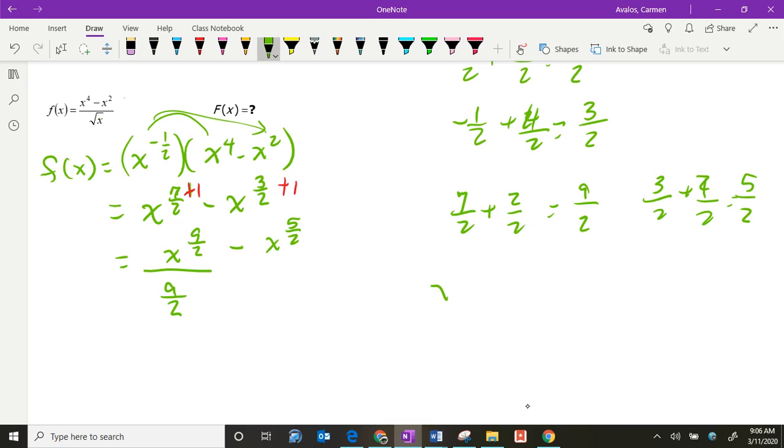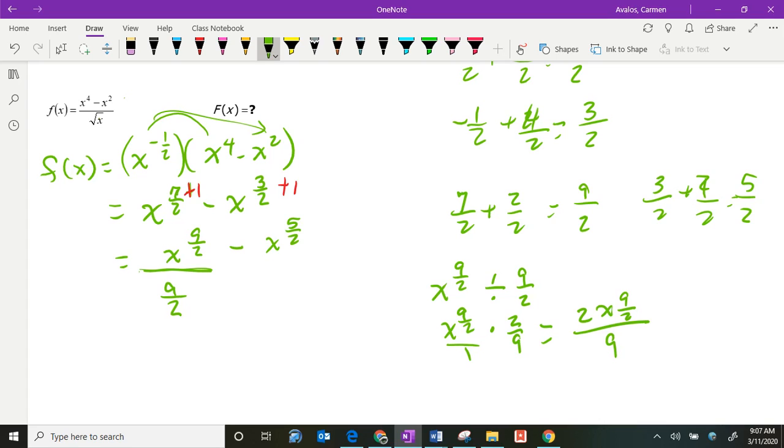So what you do is x to the 9/2, this is a division symbol, so divided by 9/2. So it's x to the 9/2 times 2/9, because you do the reciprocal to change that there. And so this is over 1, numerator to numerator. It's 2x to the 9/2 over 9.